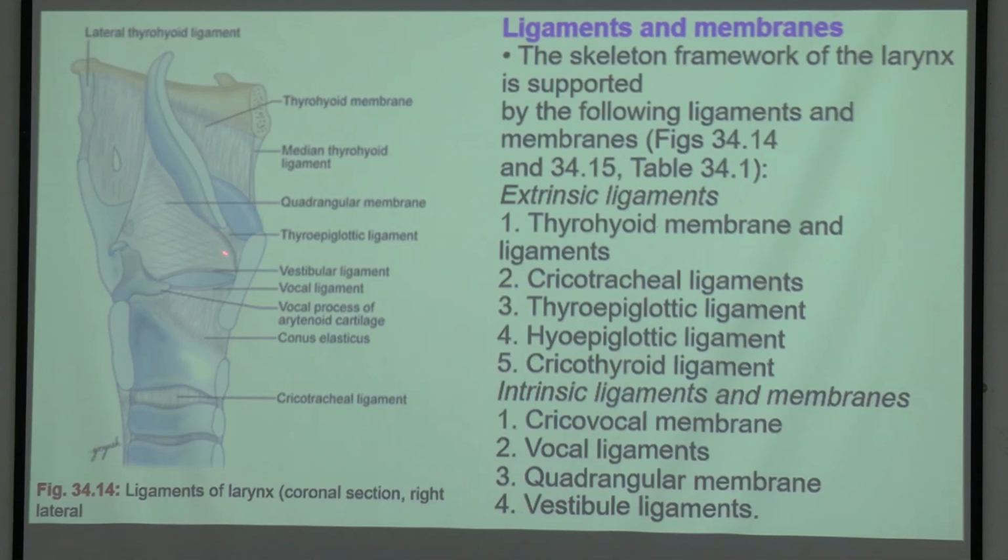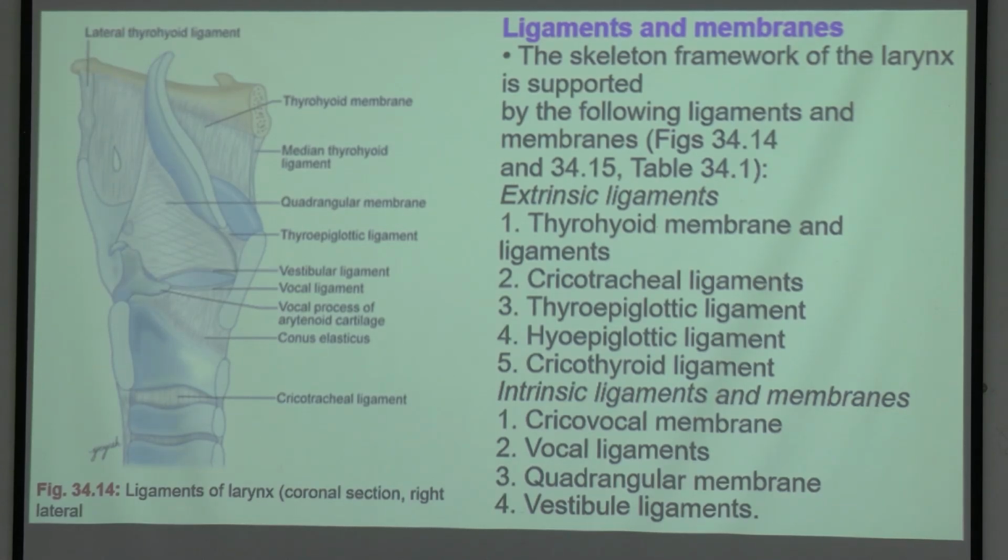And if we see the interior of the larynx, we can see there are three regions. This is one region, this is another region, and this is another region. This above region is called a vestibule, where we can get a quadrangular membrane.